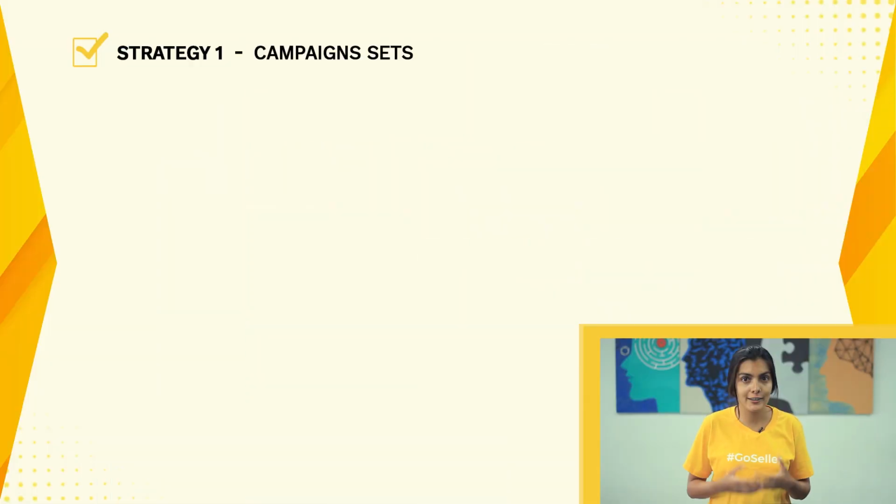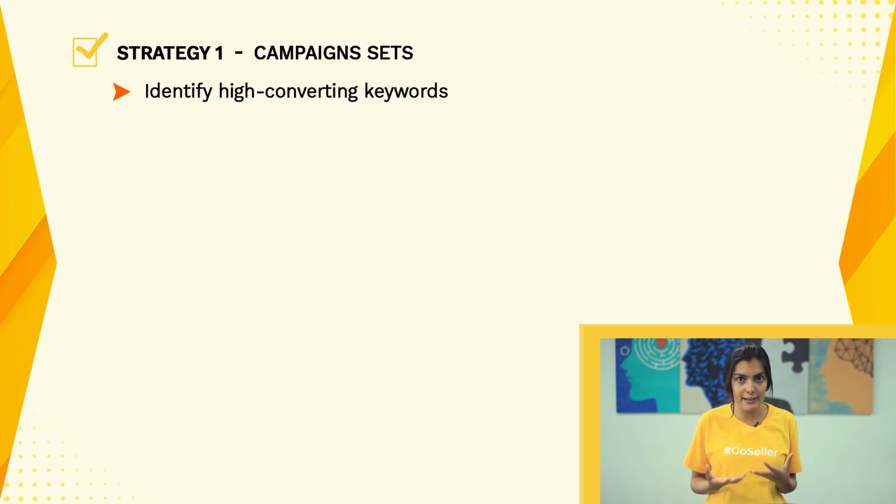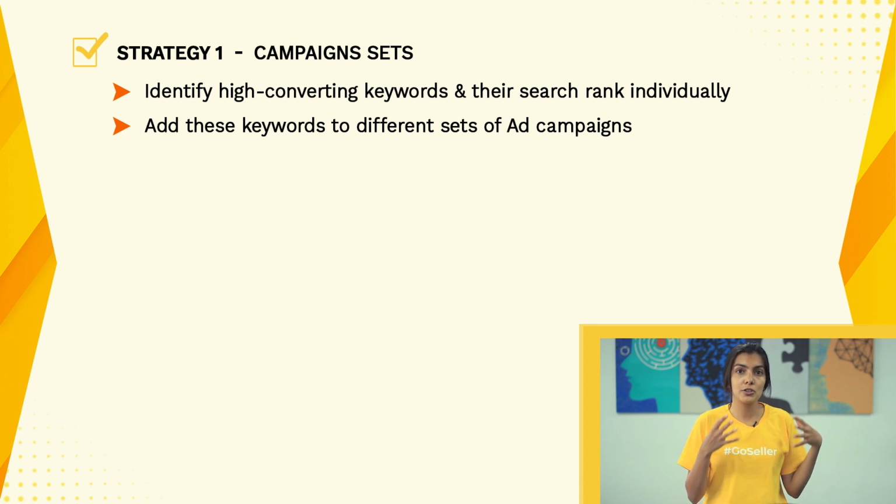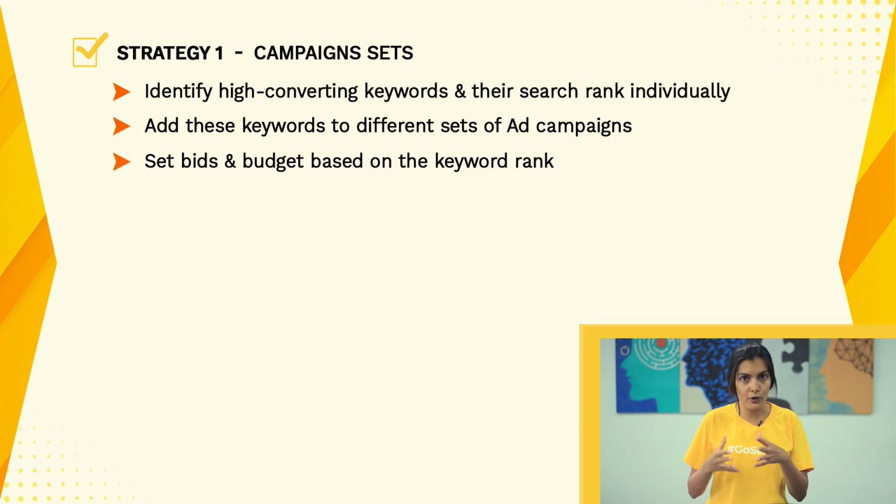Instead, we've formulated a strategy where you can identify the keywords that are high converting for your product, and you can find out what the search rank is for each individual keyword. You can add these keywords into different sets of ad campaigns to improve organic search rank on Amazon. You can set the bids and budgets for each of these campaigns differently based on the rank of the keyword.